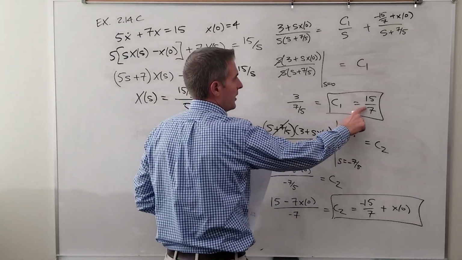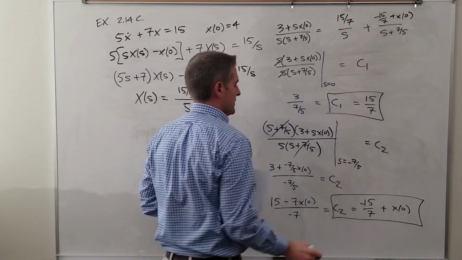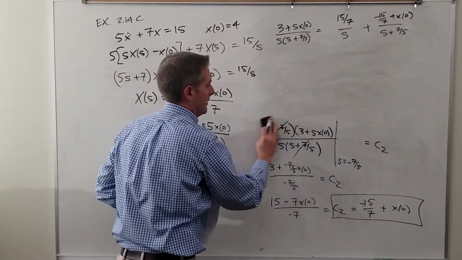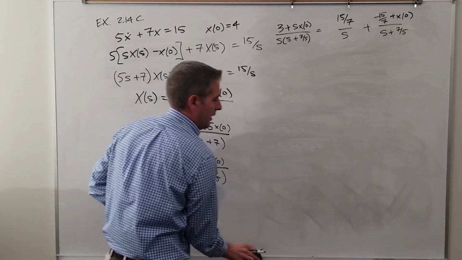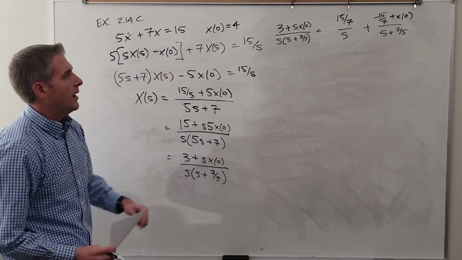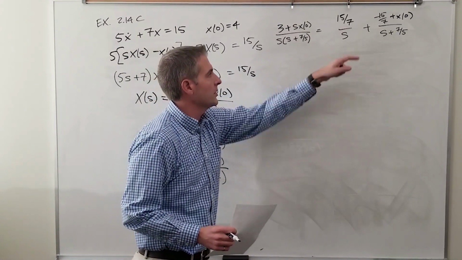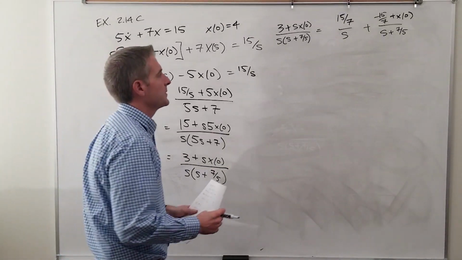I'm going to replace C1 with 15 over 7. And now I can apply the inverse Laplace transform to each one of these terms, although I will take a second to make it into 3 different terms.